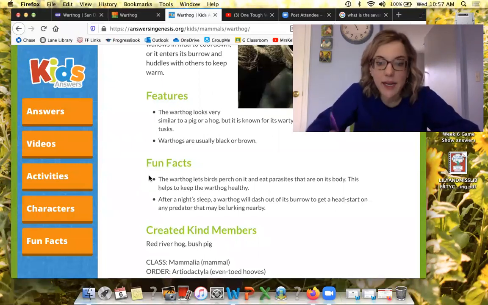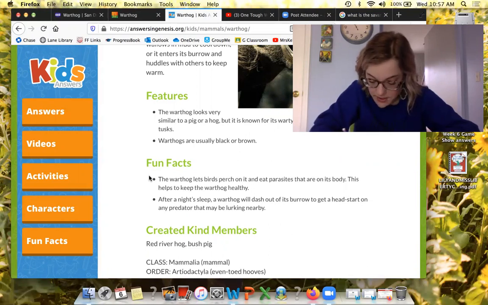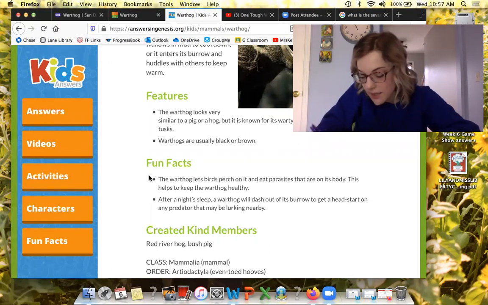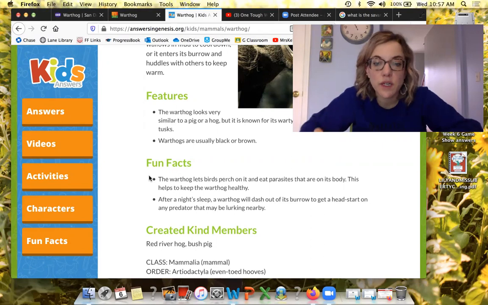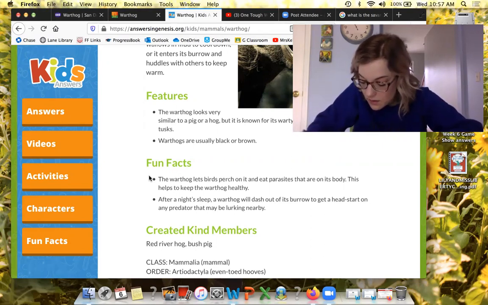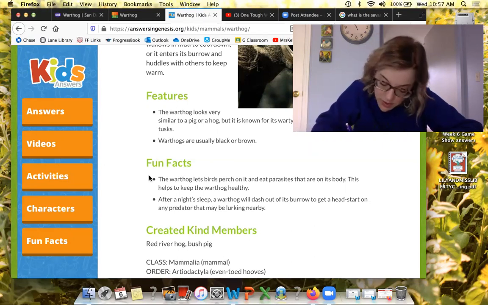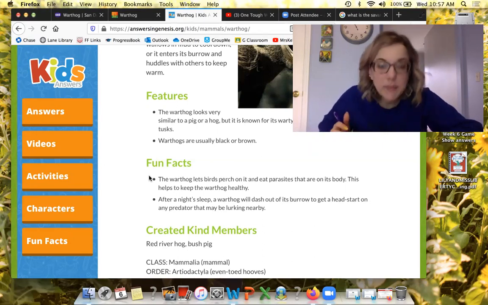So I might write, birds, perch means sit, on warthogs, and keep pests. Pests is kind of an all-encompassing word for different kinds of parasites and insects. Birds sit on warthogs and keep pests off of it.